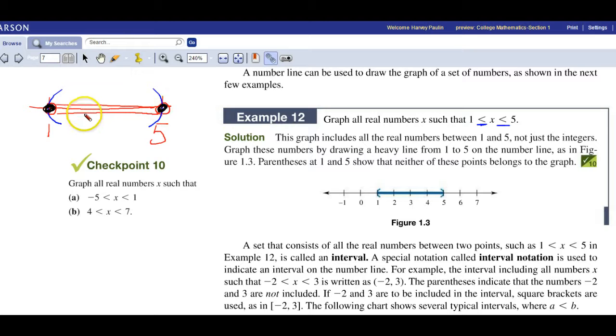Now, how would you graph it, though? Well, when it's equal to as well, we use a bracket rather than a parenthesis. So this is some of the skill, then, that you will need to know and be able to recognize when you do MATLAB.